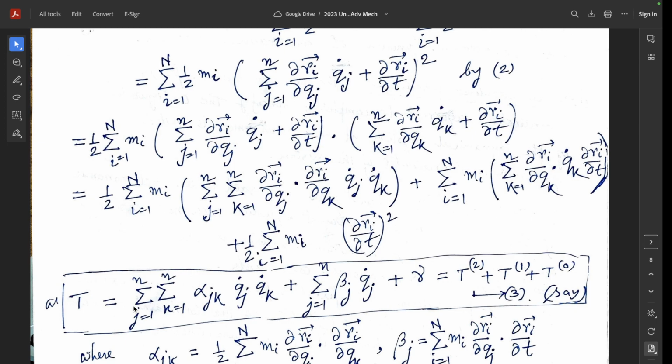So T equals double summation over j equals 1 to n, k equals 1 to n, of alpha_jk q_j dot q_k dot, plus summation over j equals 1 to n of beta_j q_j dot, plus gamma.